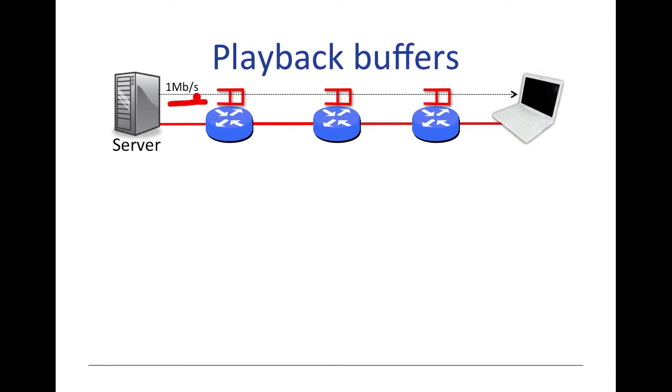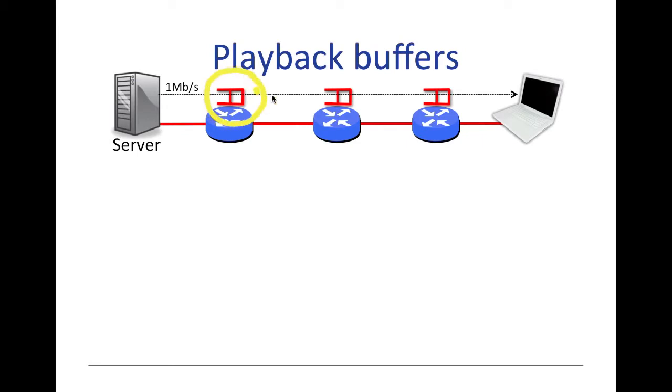There's all sorts of rates that it could be streamed at. This is just going to make it easy for us to think about. It's going to pass through several routers along the path, 1, 2, and 3 on the figure here, but it could be many more than that. It'd be very common for our packets to go through 10 or 15 routers on the path from YouTube to our client.